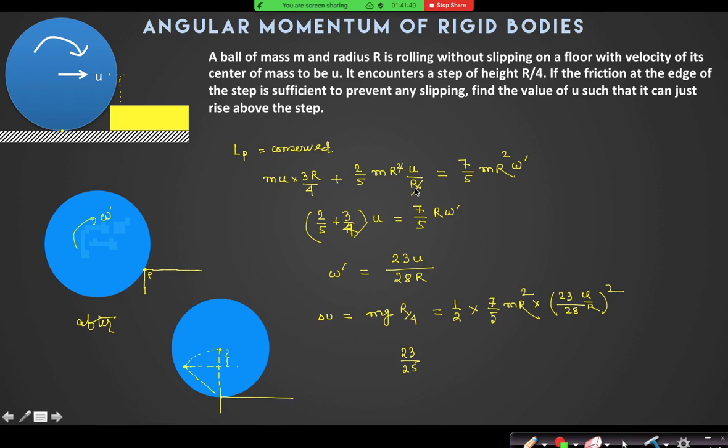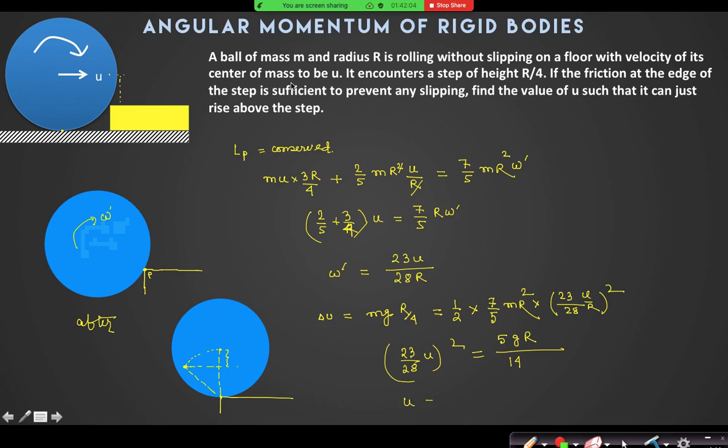23 by 28 u whole square is equal to 5gr divided by 14.